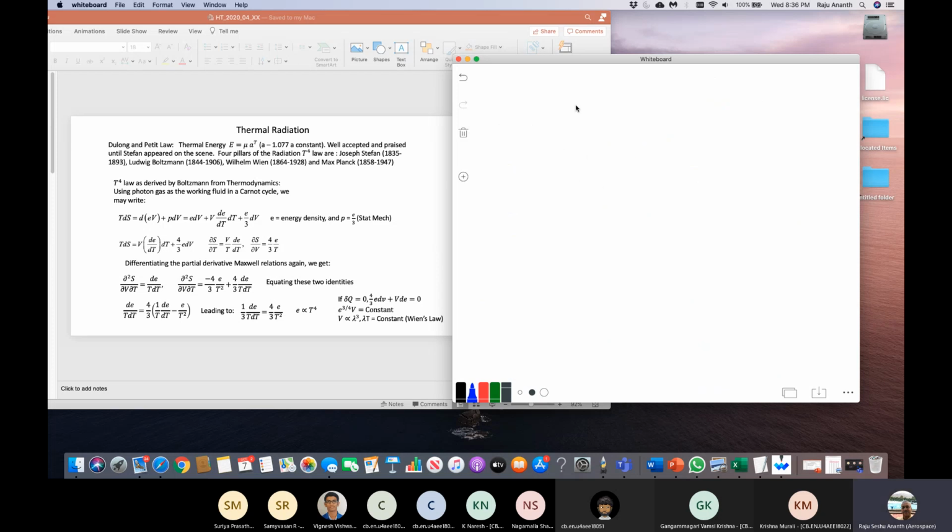So if I perform that second derivative, my dS/dT is V over T dE/dT, and dS/dV is 4 over 3 E over T. So if I take the derivative with respect to V, it says this is just the V only, so this 1 over T dE/dT. Okay, so that should be basically equal.